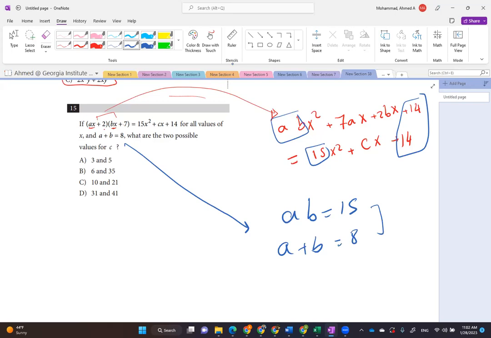So A, either 3 and B 5, or A 5 and B 3. We don't know. But for the middle term over here, 7A plus 2B equals C, right? If we take X as a common factor, 7A plus 2B equal to C. So C equal 7A plus 2B.